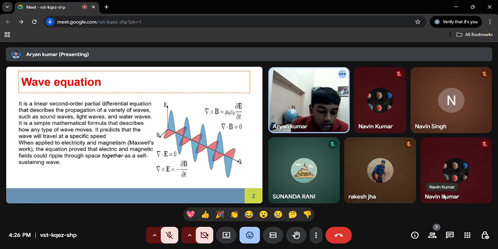So a wave equation, such as for sound waves and light waves and water waves, is a simple mathematical formula that describes how any type of wave moves. It predicts that the wave will travel at a specific speed. It relates how quickly the wave changes its shape in space to how quickly it changes its shape in time.